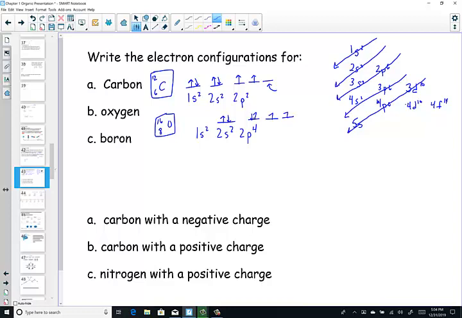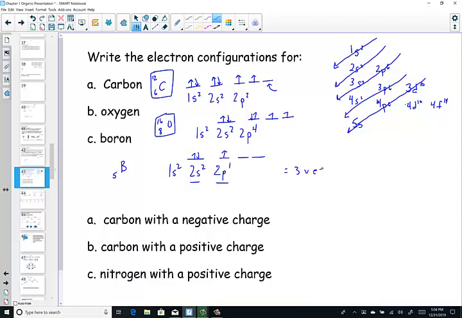And boron, which is element number 5, 1s2, 2s2, 2p1, giving us a total of 3 valence electrons, 2 of them in the s subshell, 1 more in the p.